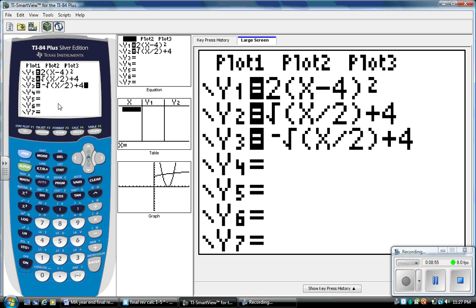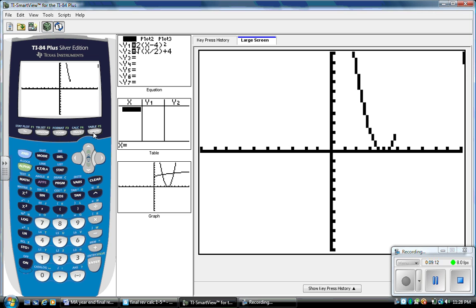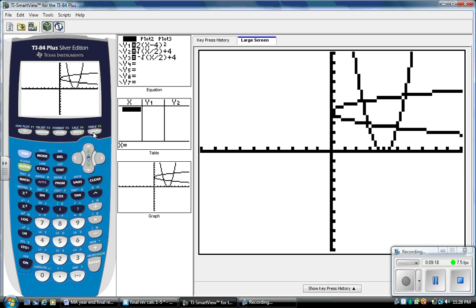So again, y2 and y3 here are both really just the inverse. So I'm really looking at y1 is one thing, y2 and 3 accounting for the other thing. And if you graph this, you get an up and down parabola.